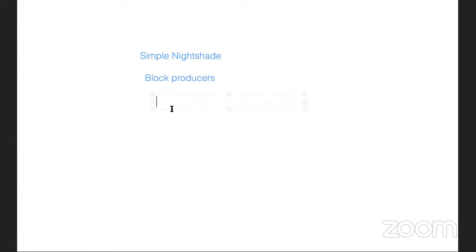They produce blocks, and they're also responsible for the data availability stuff. And for the decentralization of the network, we'll also introduce separate chunk producers who will not be block producers and whose responsibility will be solely to produce chunks in the shards.